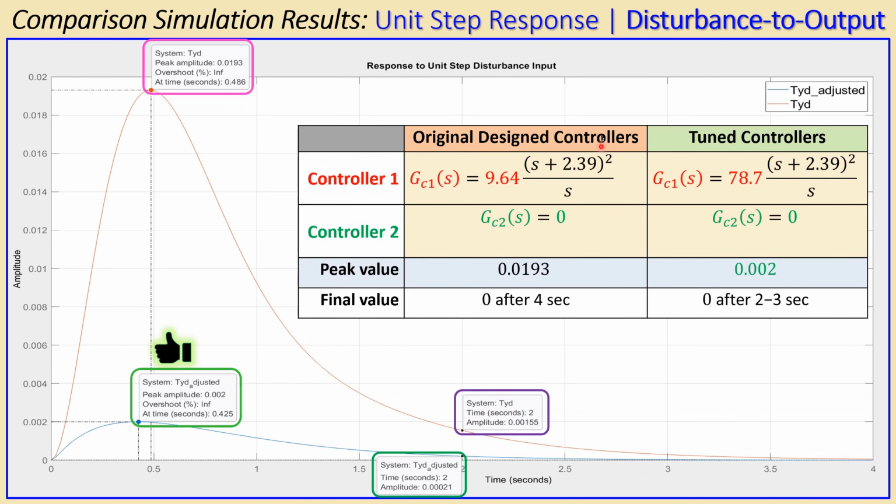So comparing the original designed controller and the tuned controller, the peak value here is much smaller. So you can see in total that tuning the controller, just the gain of it, just one parameter, made the disturbance response better, but also the reference response for the step much better, and also within the specifications.